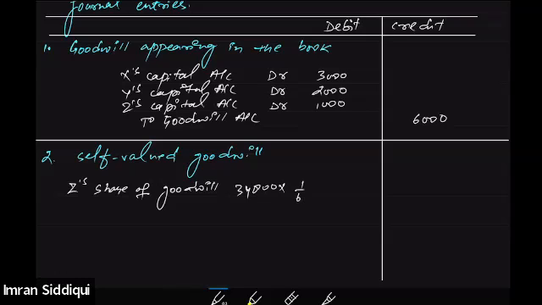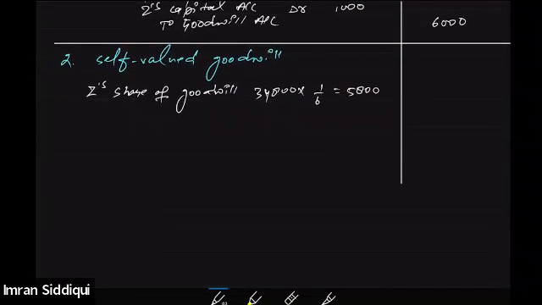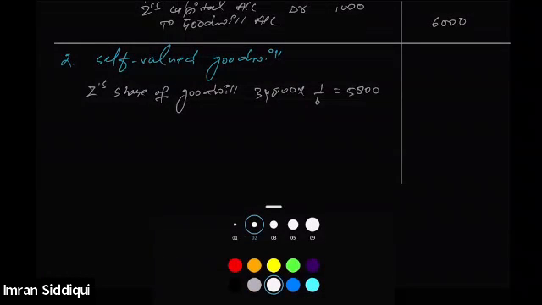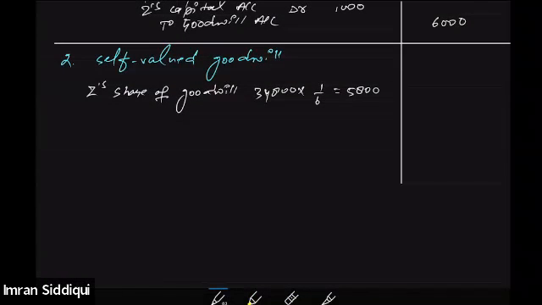It will be equal to 5,800. All right. Now in this question, clearly X and Y are gaining partners, so we'll debit their accounts.